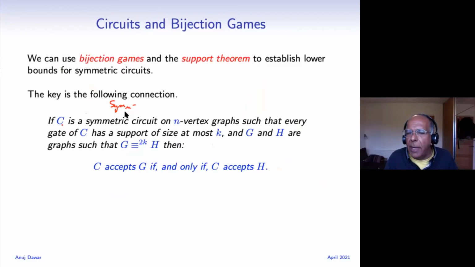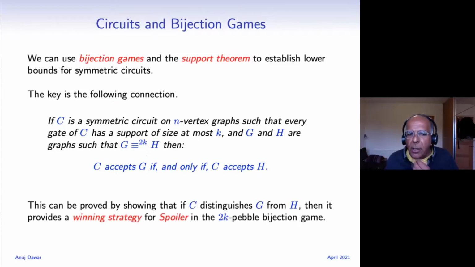Because C is SYM and symmetric, it doesn't matter in what order you put the adjacency matrix. If every gate in C has a support of size at most k, and G and H cannot be distinguished in 2k Weisfeiler-Leman equivalence, then C cannot distinguish these two graphs. If it accepts one, then it must accept the other.